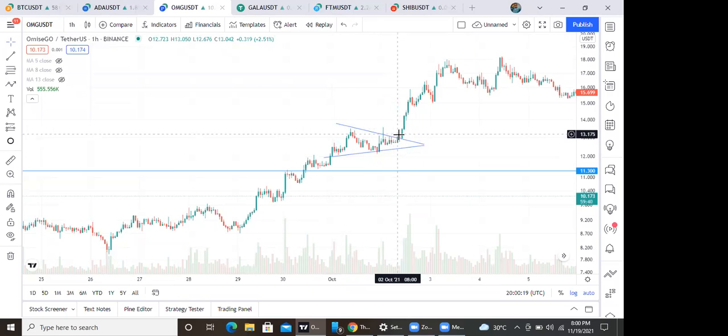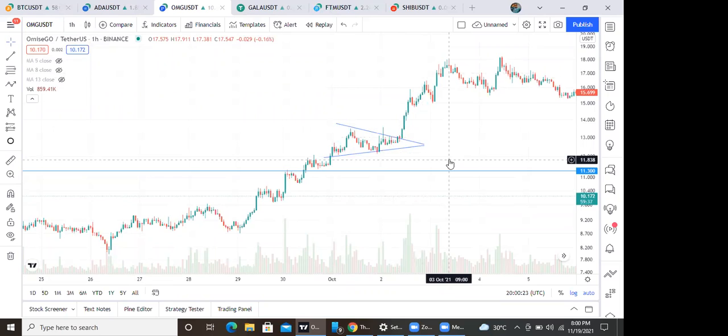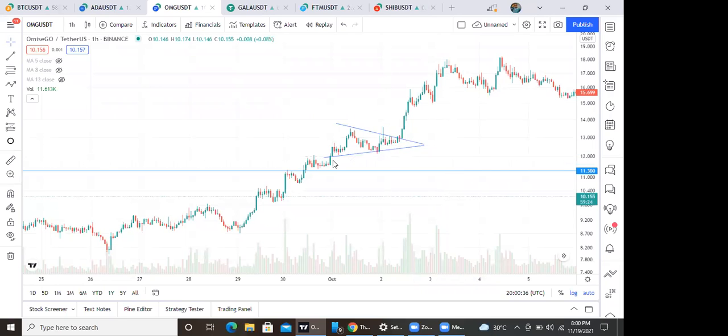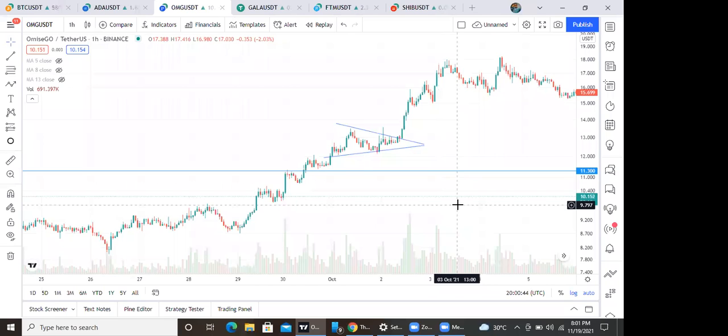A retracement, a breakout, a retest, and then the move. You can identify it as a bullish symmetrical triangle, but just know that whenever the way you connect your trend lines makes them meet each other, you can call it your pennant pattern. Whether you call it a pennant pattern or a symmetrical triangle, it still gives you the same signal and the same entry points.